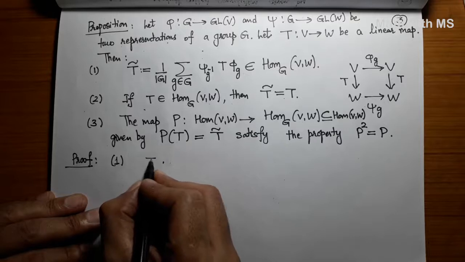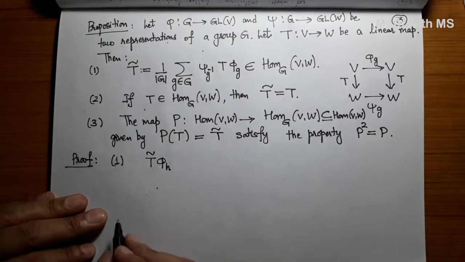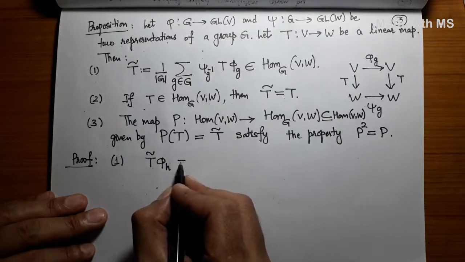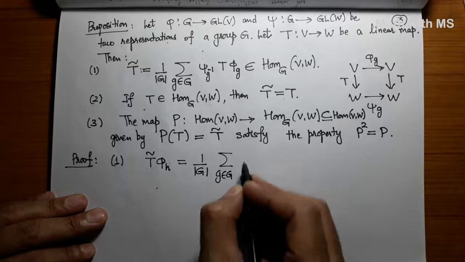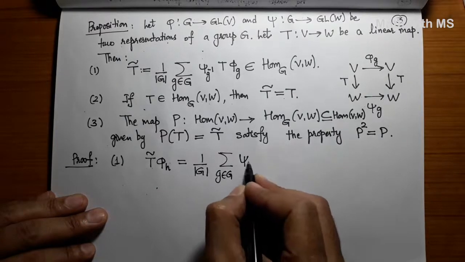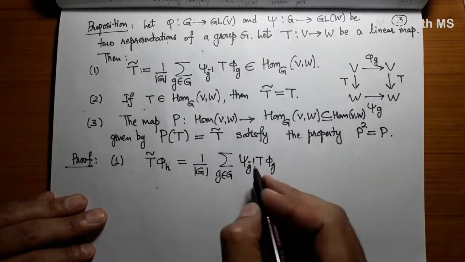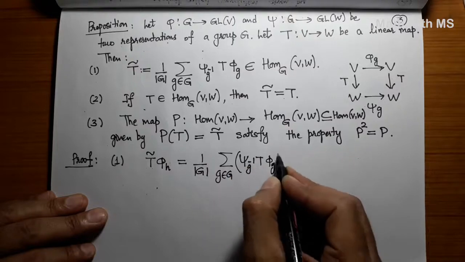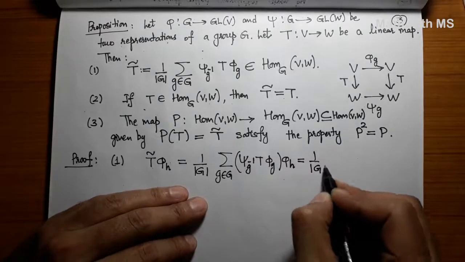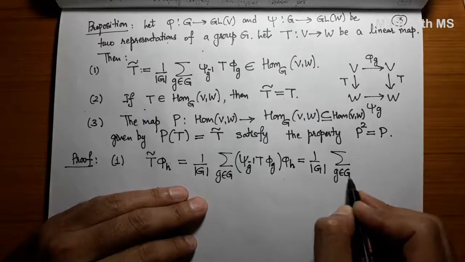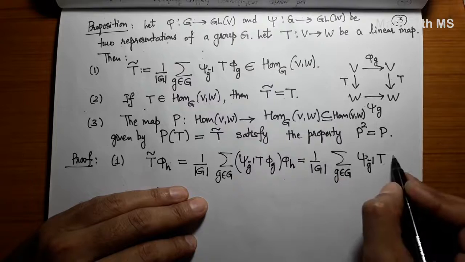Consider T tilde phi sub H. Just by definition, this is the same as 1 by order of the group G, summation over G belonging to the group G, psi G inverse T phi G, and then I pre-compose with H. Then the sum goes in, so it is the same as this into phi H. This is 1 by order of G, summation over G in the group G, psi G inverse T, and phi is a homomorphism, so it is phi of GH.